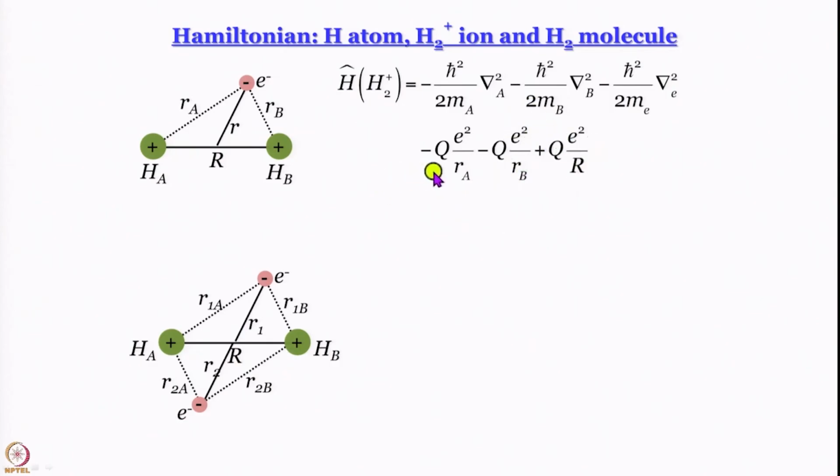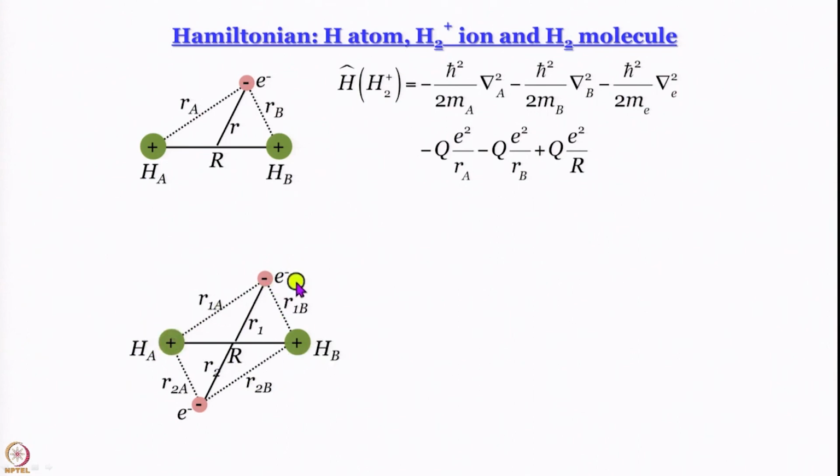Instead of del_e square, we have to write del_1 square, where 1 is the index of the first electron, and there will be another term, minus h cross square by 2 m_e del_2 square, that is for the second electron. Then the second electron will also feel attraction with H_A and with H_B. So, now the distances will also have to be rewritten.